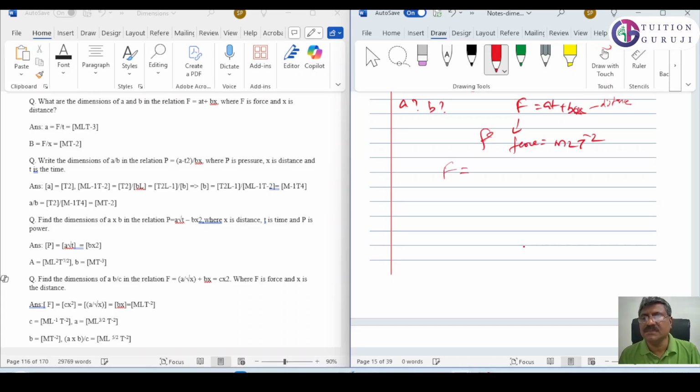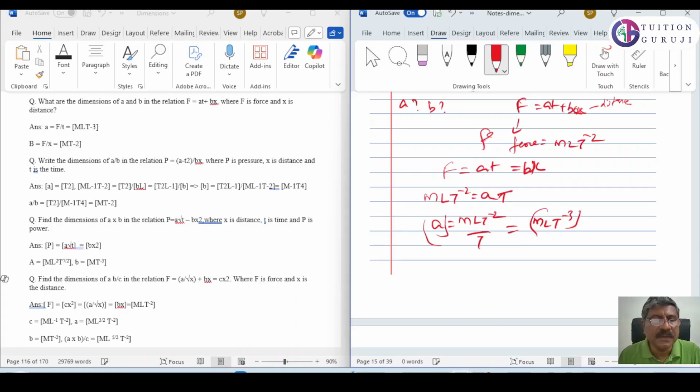So here F is equal to AT, which is equal to BX. So MLT raised to minus 2 is equal to AT. So A is MLT raised to minus 2 by T, which is MLT raised to minus 3. Dimensions of A: MLT raised to minus 3.